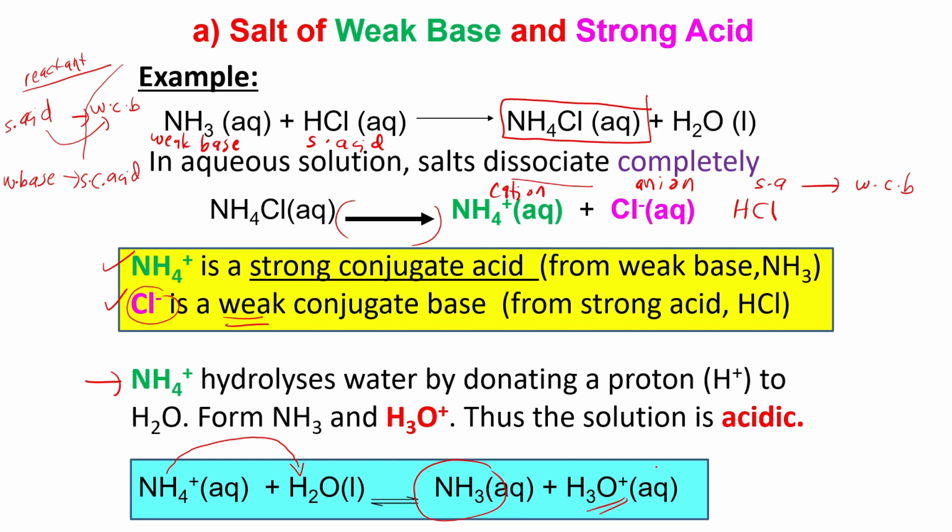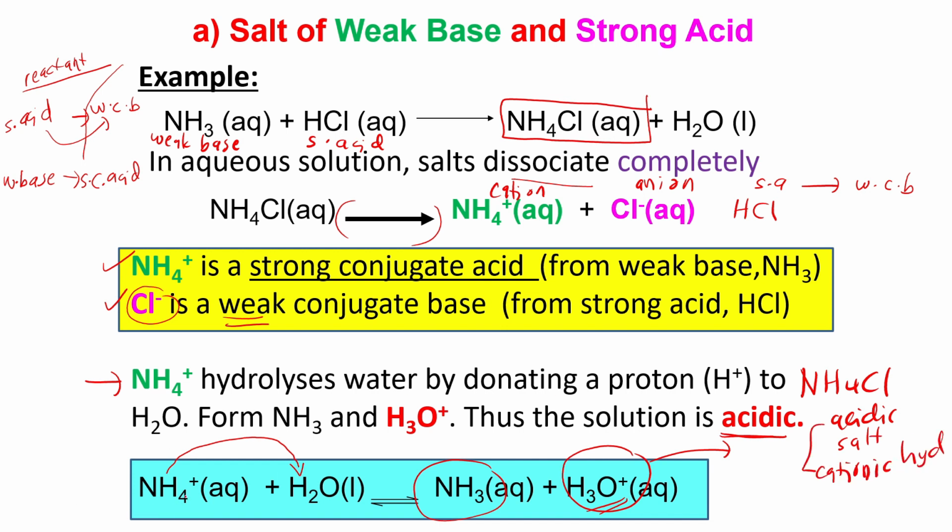So at the end we have H3O plus in the equation, meaning ataupun salt ni, type of salt ialah acidic salt. So NH4Cl is acidic salt dan dia ialah cationic hydrolysis. Okay, cation yang undergo hydrolysis.